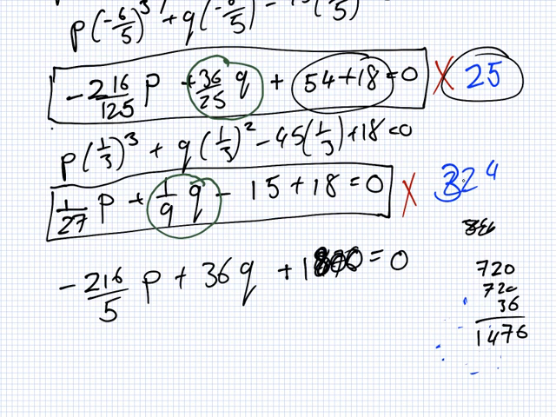Now, multiplying by 324. Well, 54 plus 18 times 25, but you have to add the 54 and the 18 first, and then multiply it by 25.